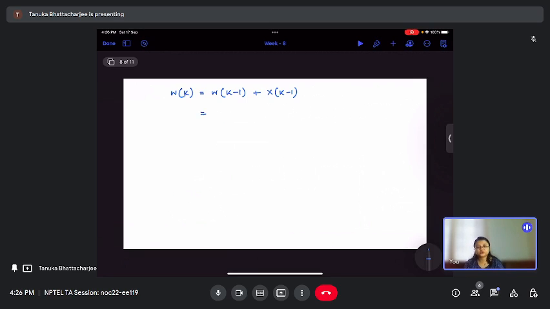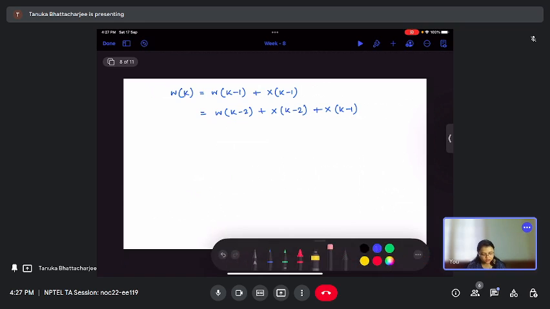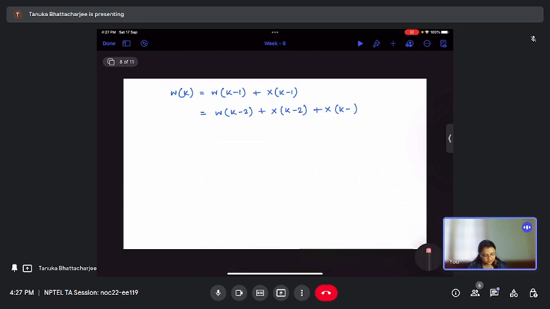So, your wk minus 1 again will be wk minus 2 plus xk minus 2. So, you can simply put that here. And you can keep on doing this recursive substitution till you get W0 again.